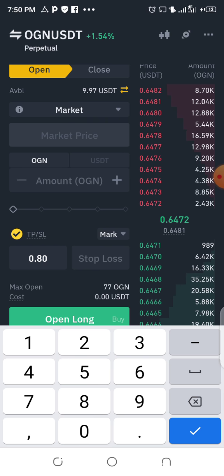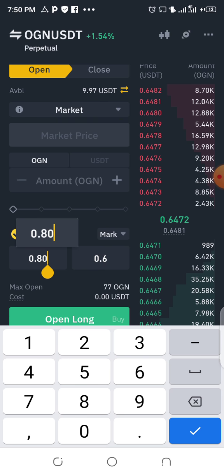But in a buy order, the market price right now is at 0.64. So you take your profit at 0.85 or 0.80. Then your stop loss, you can use 0.6 or 0.58. Okay, let me use 0.6.